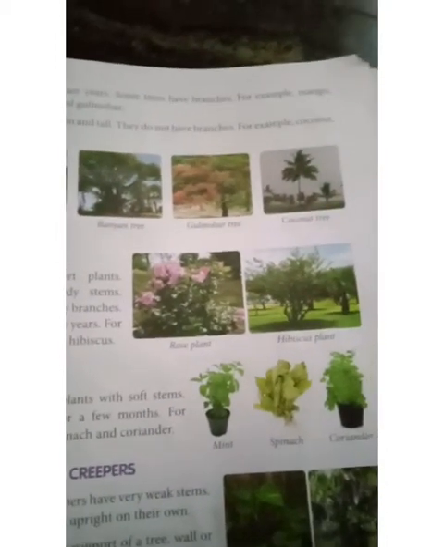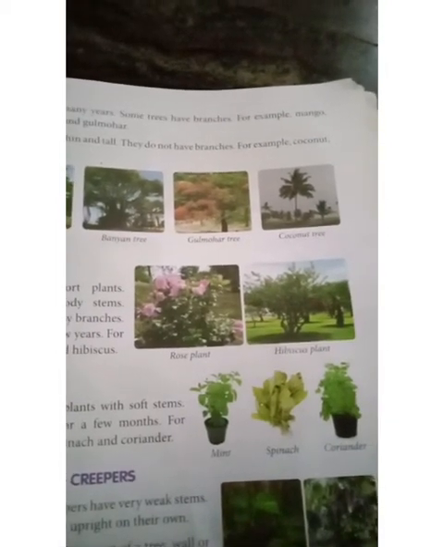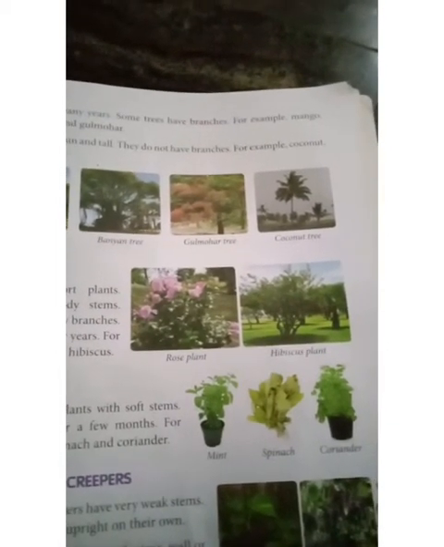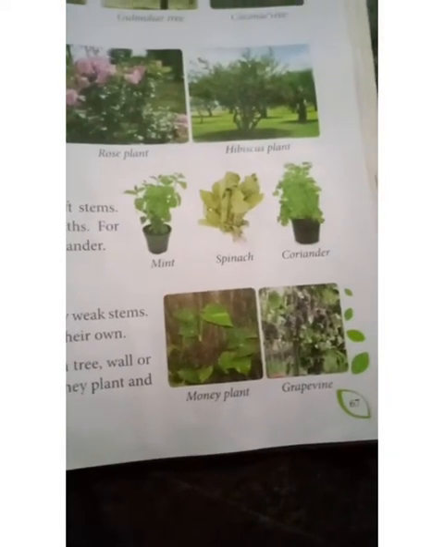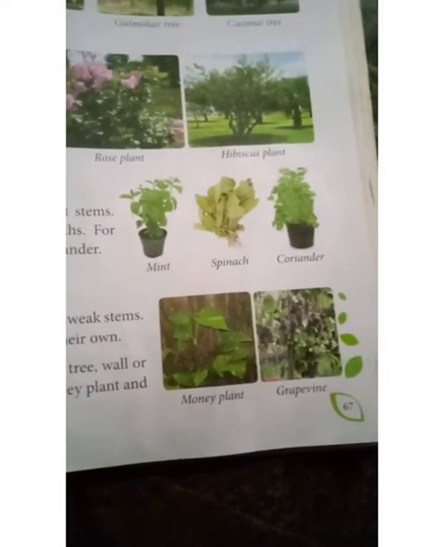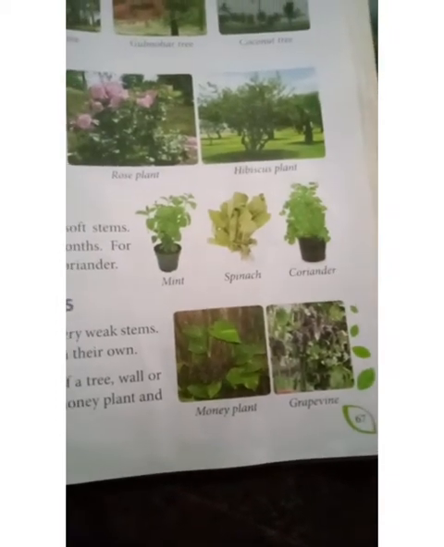Then some plants have weak stems and cannot stand straight. So there are two types. One type is creepers and the other type is climbers.